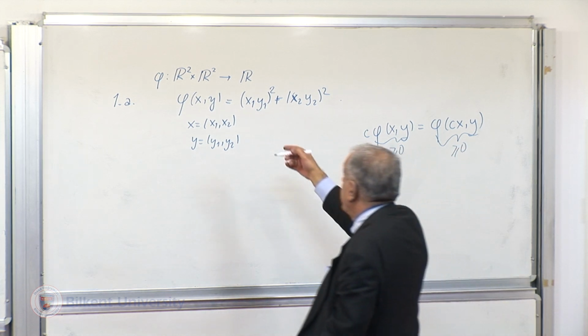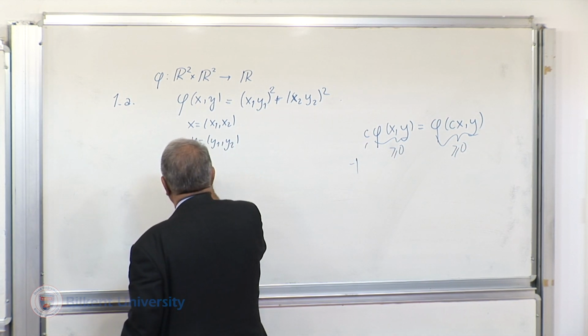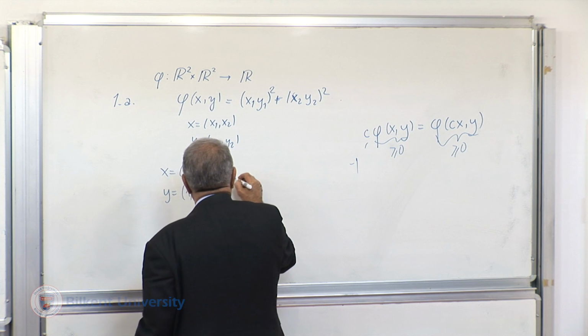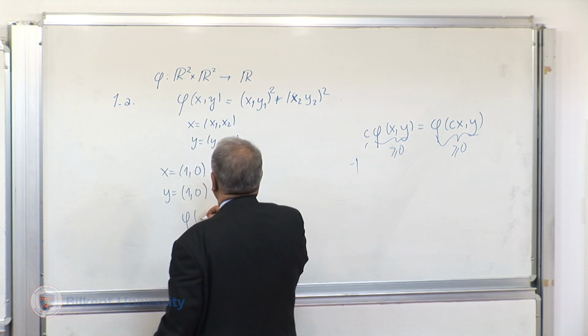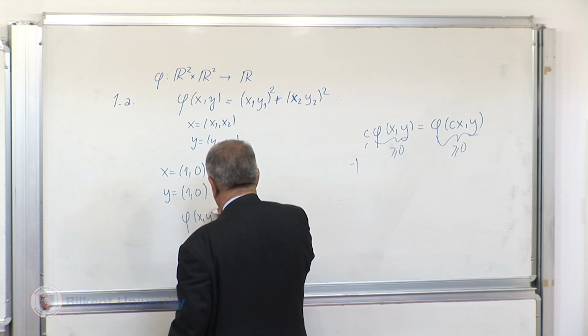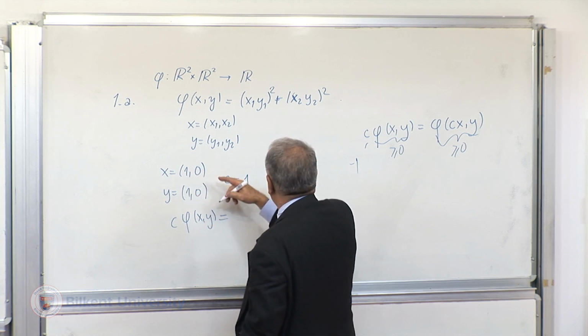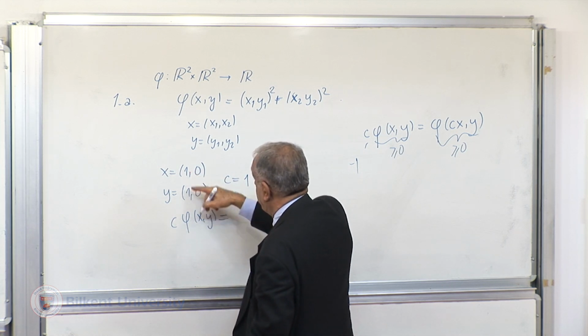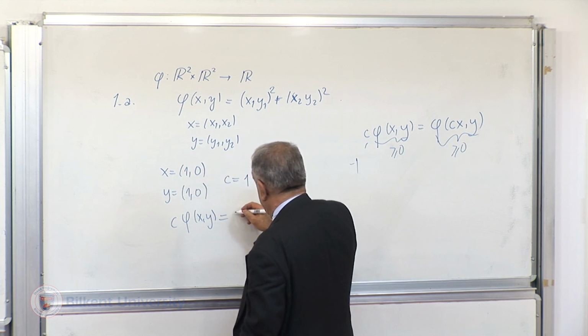So, well, then, for this, you can take x equal to (1,0), y equal to (1,0), c equal to minus 1. Now, phi(x,y), c times phi(x,y): now phi(x,y) is (1 times 1) squared, that's 1.